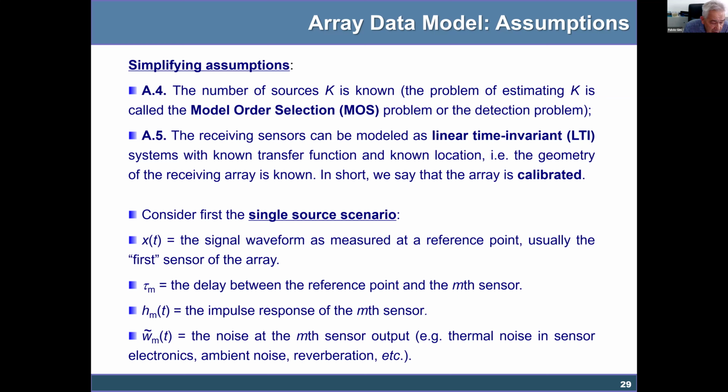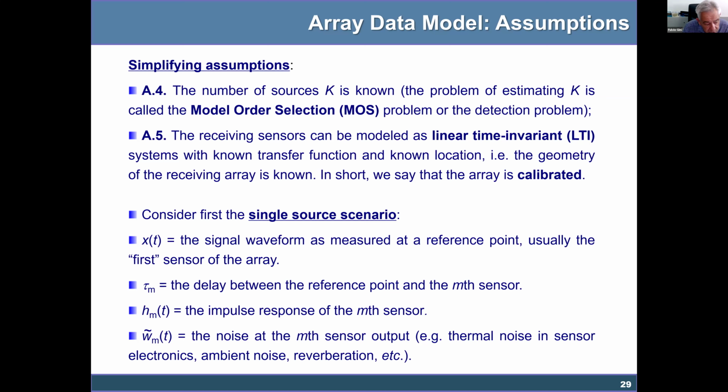Then we denote by h m of t the impulse response of the m-th sensor. Remember, we assume that each sensor behaves like a linear time invariant filter. So it is fully characterized by the impulse response, and h m of t is the impulse response of the m-th sensor.